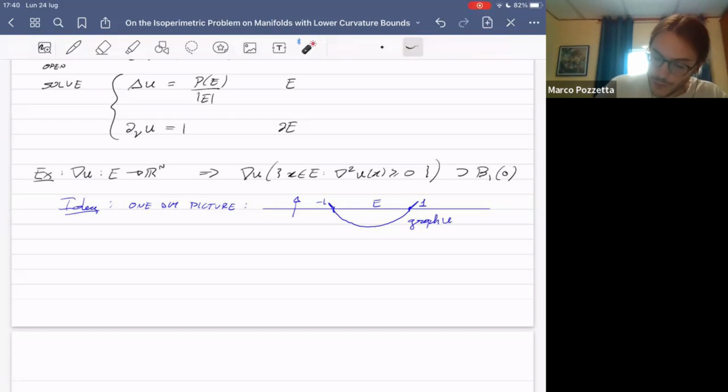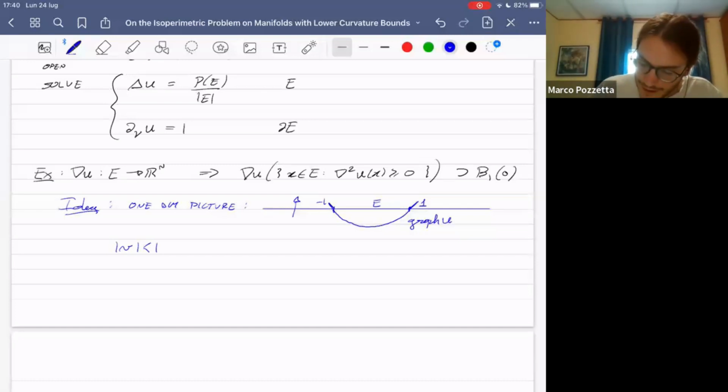Now I want to prove that a vector v in the unit ball is inside this set. So I select v in the unit ball. It means that its modulus is less than 1. And then together with the graph of u, I can plot also the graph of a generic affine plane whose gradient is v. So this is the graph of a function of this form, alpha plus scalar product v times position vector.